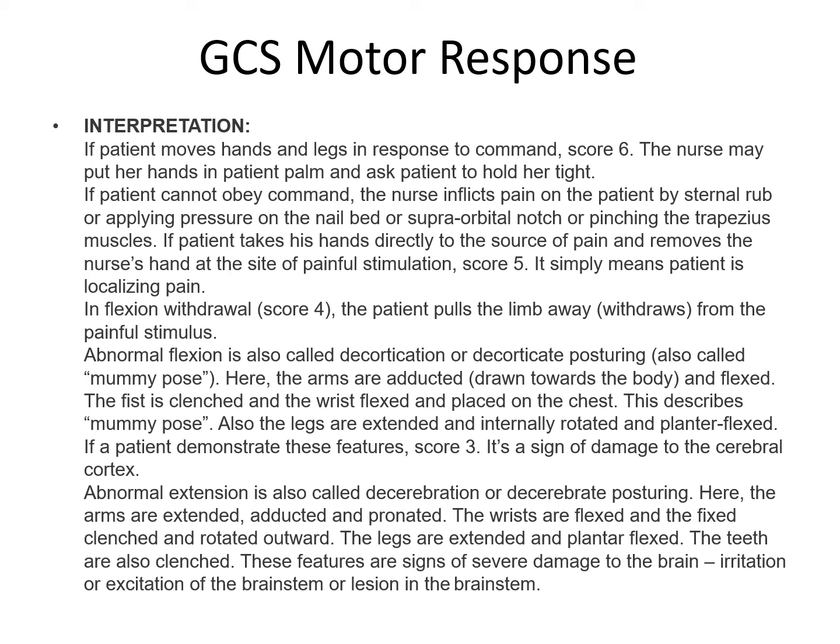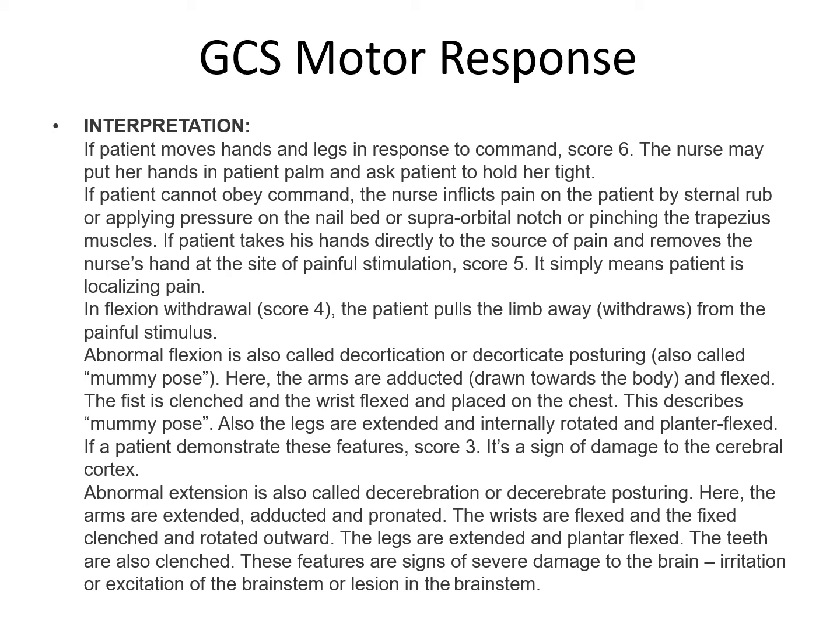Now, going further, we can have abnormal extension, also referred to as decerebrate posturing or decerebration. Here, the arms are extended, adducted, and pronated. The wrists are flexed and the fists clenched, and the wrists are rotated outward.